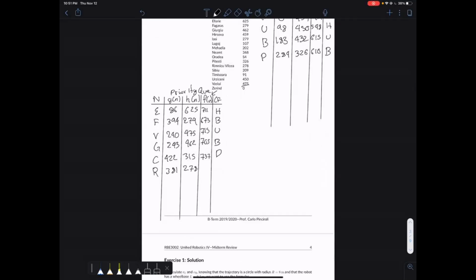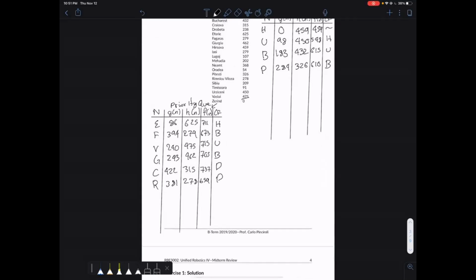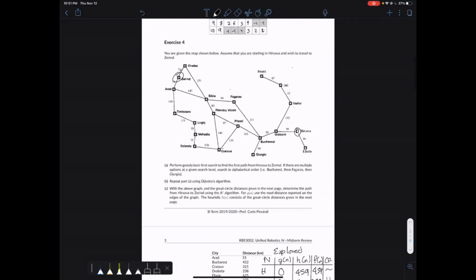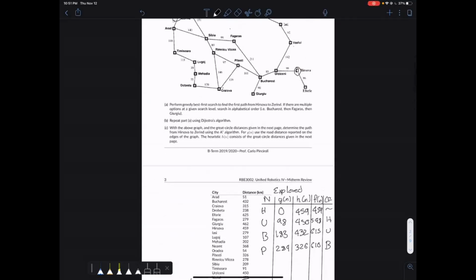We add those together, so we get 381 plus 278, which is going to be equal to 659. Then we're going to be doing our came from. Our came from is from node P. Okay, cool. Node P, and those are all the neighbors of P that we have not already explored.